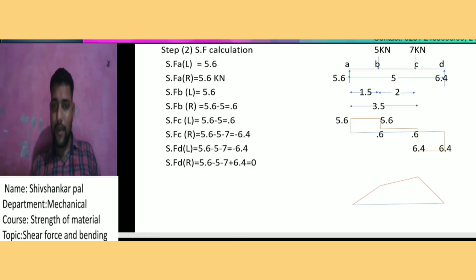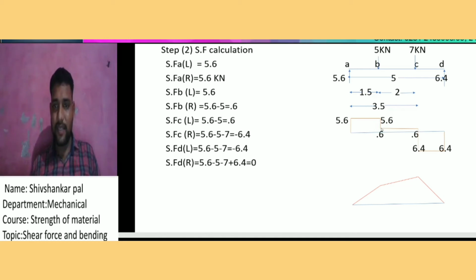At point B, the shear force has two values: just left it is 5.6, and just to the right we obtain 0.6. So at point B there are two shear force values, first 5.6 and second 0.6, so I draw the graph down from 5.6 to 0.6.